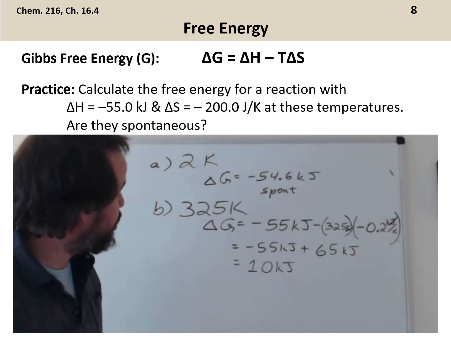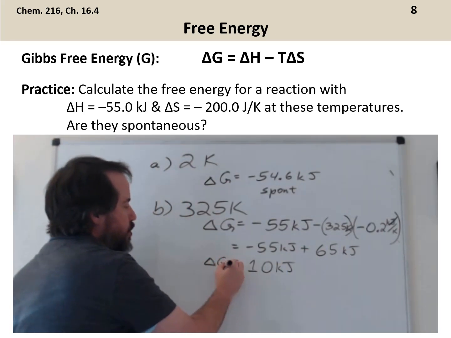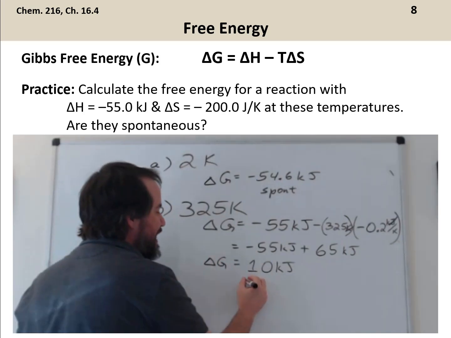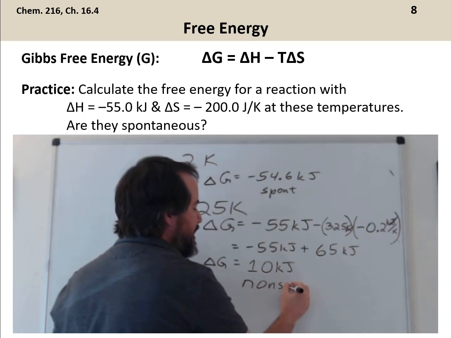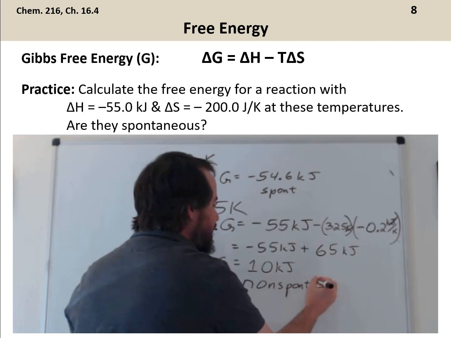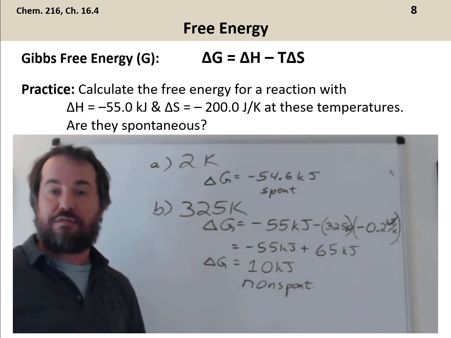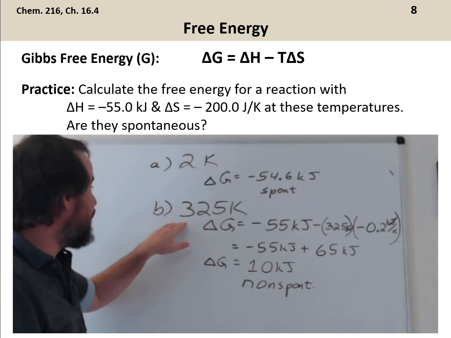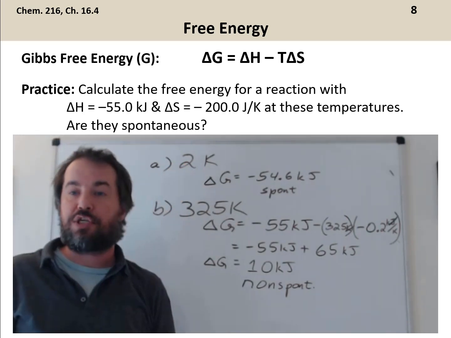All right, so my delta G is positive. So what does that mean? That means that this is a non-spontaneous reaction. It's not going to occur at 325 Kelvin, but it will occur at 2 Kelvin.